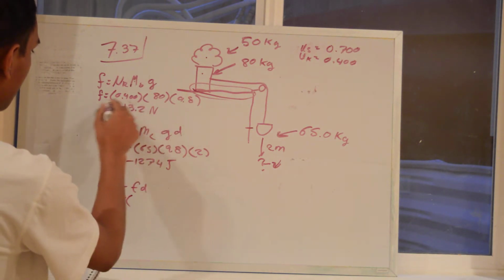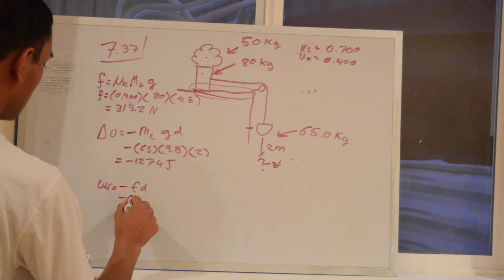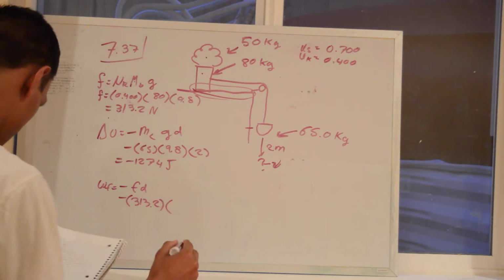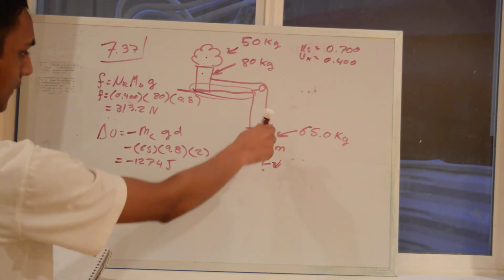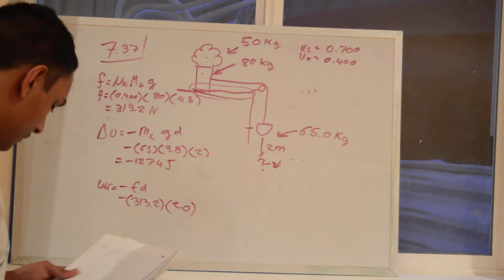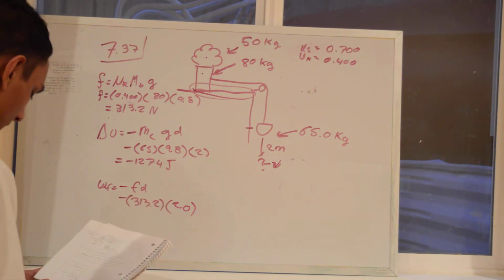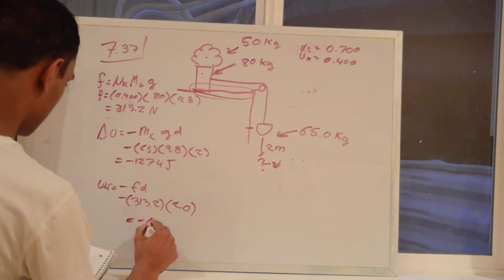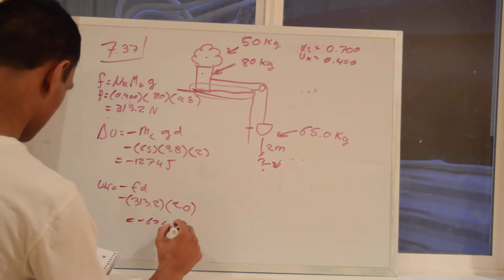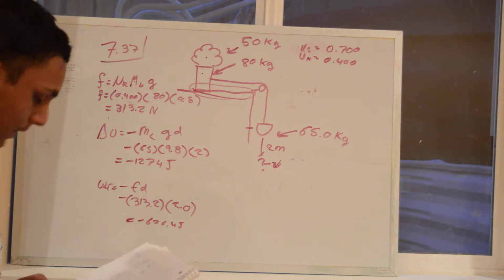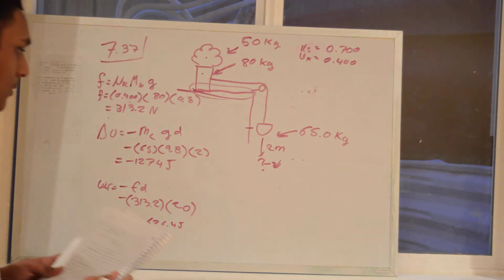We got the frictional force earlier, negative 313.2. And multiply that by the distance it traveled. So it goes 2 meters as well. We got 2. And once you work this out, we get negative 626.4 joules.